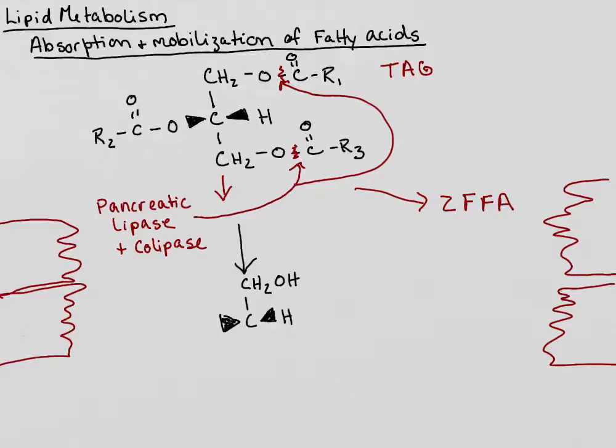So carbon number 2 still has its beautiful ester linkage, but of course we've seen the loss of the fatty acids from carbon 1 and 3. So this is very fittingly termed 2-monoacylglycerol. Mono, 1 acyl group, 1 acyl group left on this glycerol backbone.